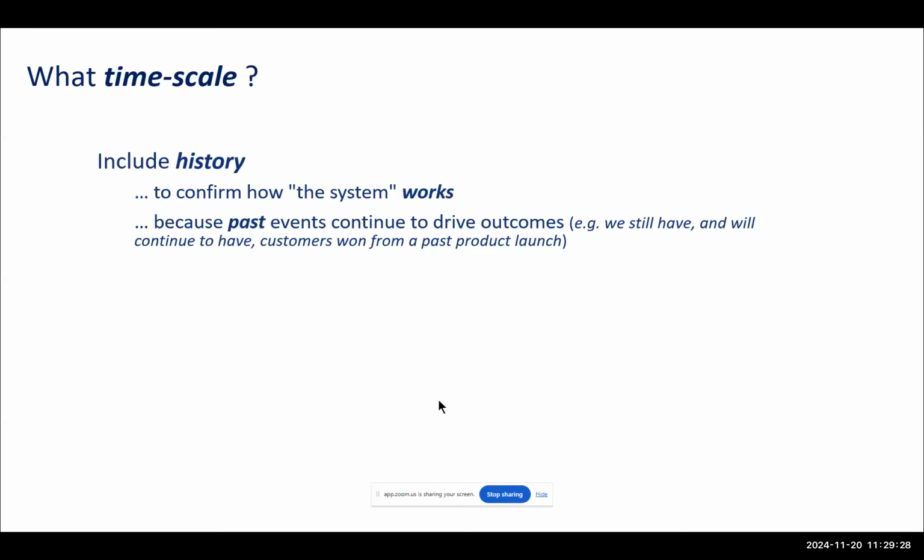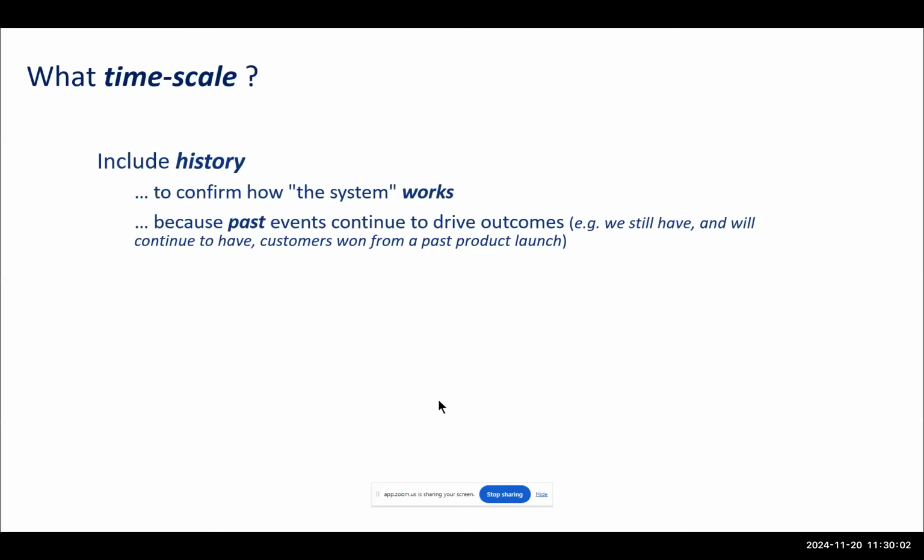The second reason for including history is that things that happen in the past already account for what happens today and will continue to account for things that happen in the future. So if we made a very successful product launch 3 years ago, and we've got a huge number of customers who absolutely love that product today, that event 3 years ago is already explaining what's happening today, and it will continue to explain what happens out into the future.